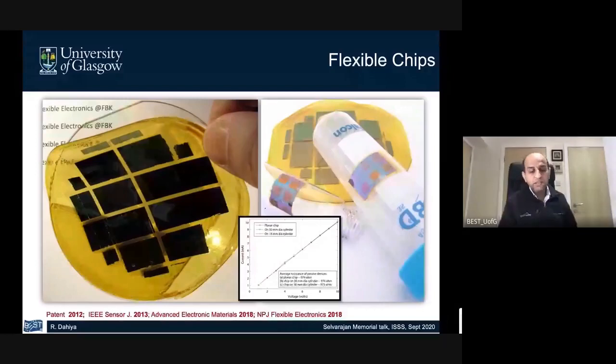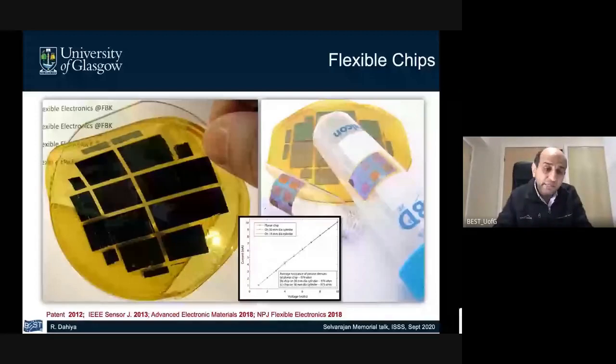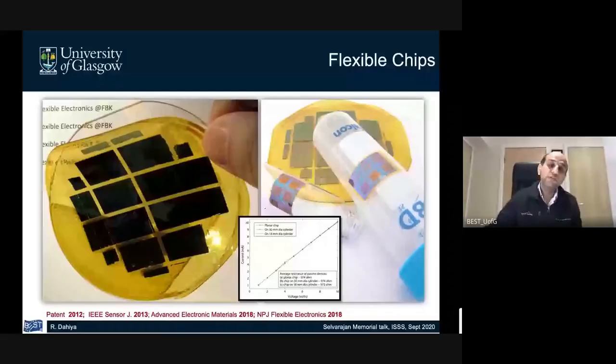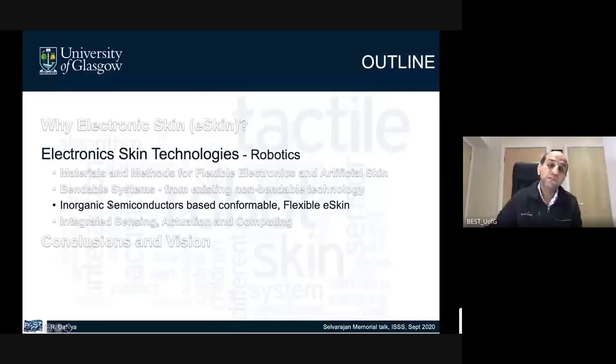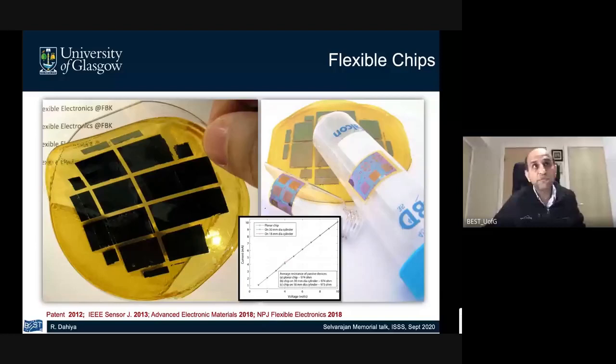So what we do is we achieve gross thinning by mechanical grinding. Let's say we bring the wafer to about 100 micrometers, and then using wet etching or chemical etching, we bring the wafers down to about 15 micrometers. And the examples are shown here.